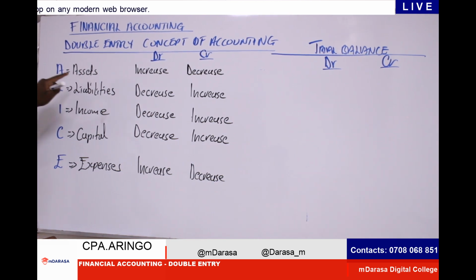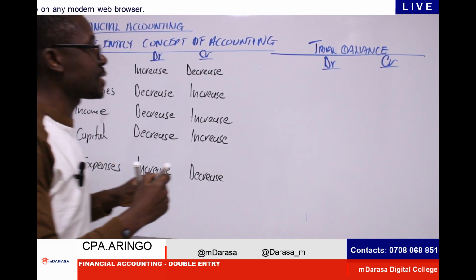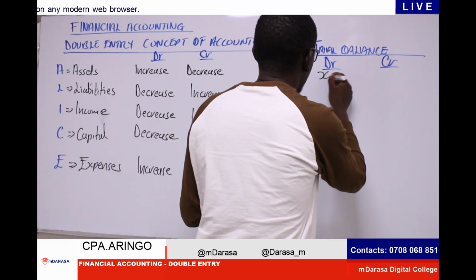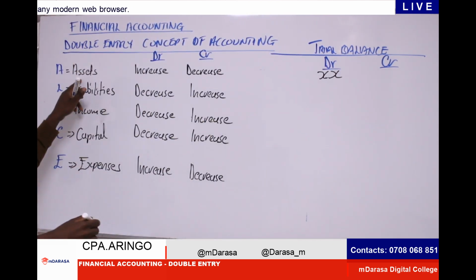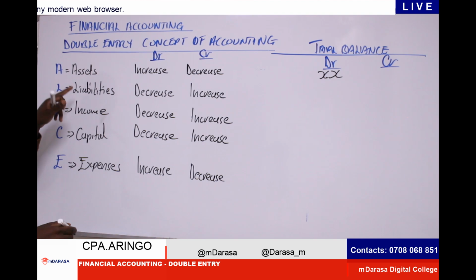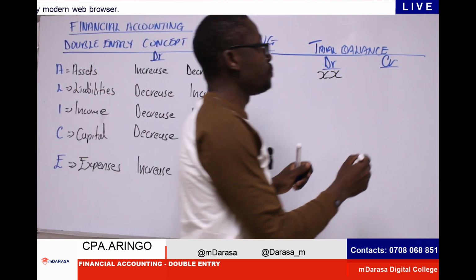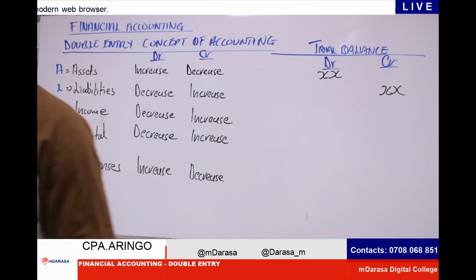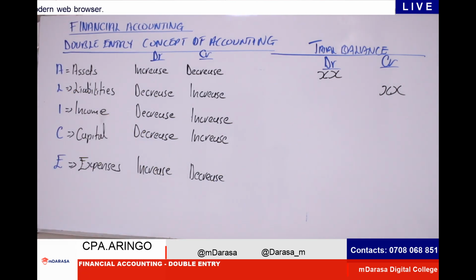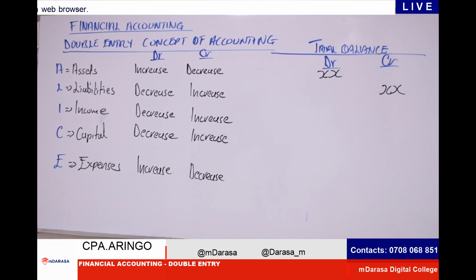In our trial balance, all assets will always be on the debit side. Liabilities will always be on the credit side. Remember, the guiding principle is ALICE.